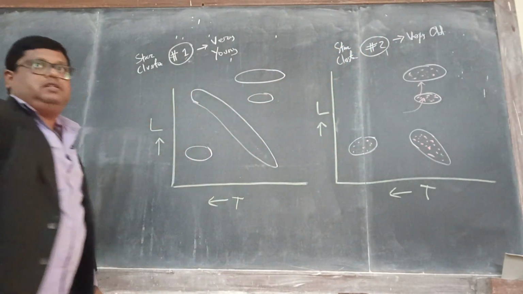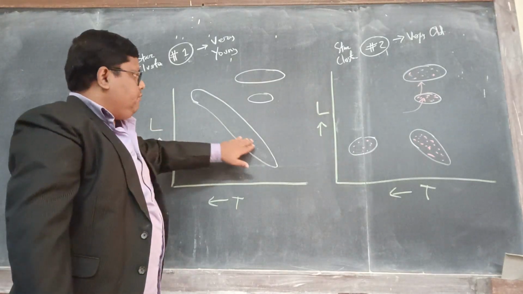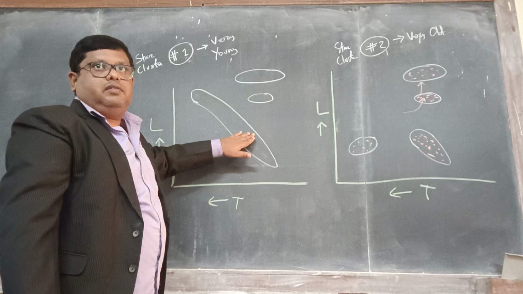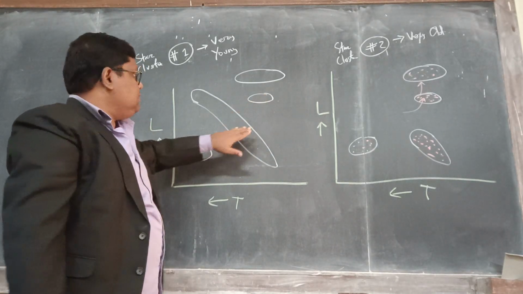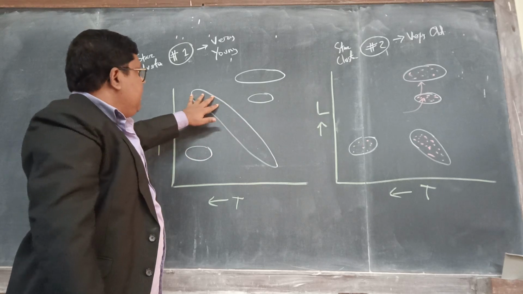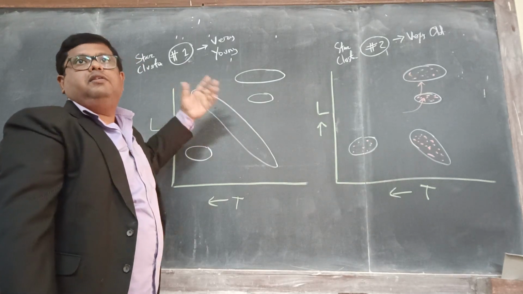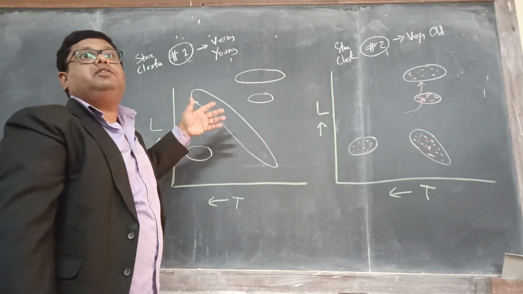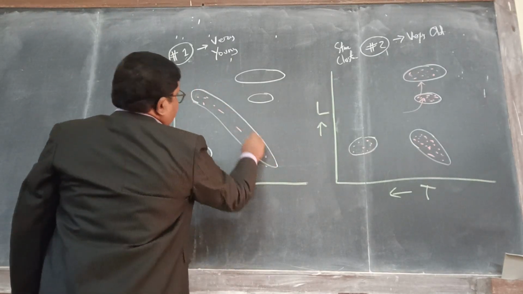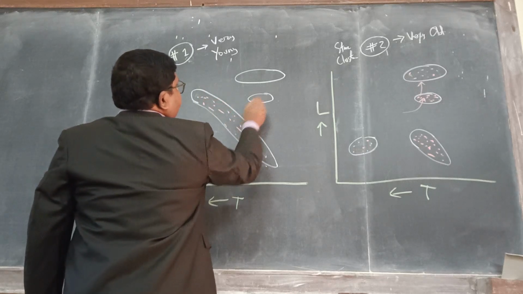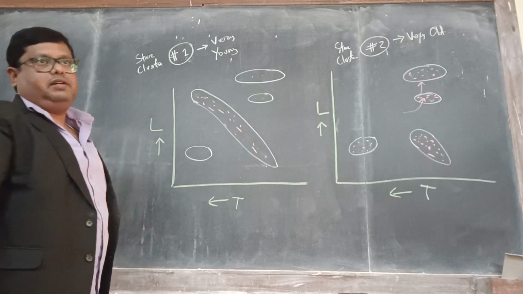What about the young stars? Since this is very young, here they are of course present. They have still not gone to their red giant phase. So intermediate stars and maybe very large mass stars, they are still doing hydrogen fusion. So here you will observe all the stars here and very few, maybe over here, something like that.